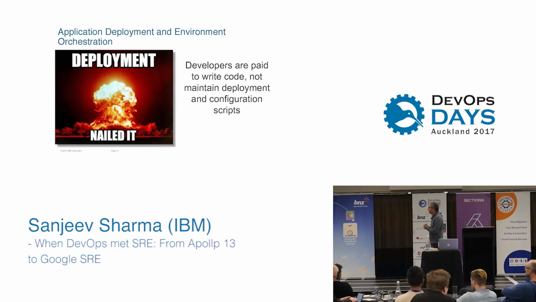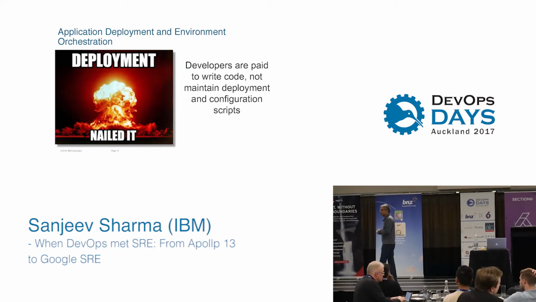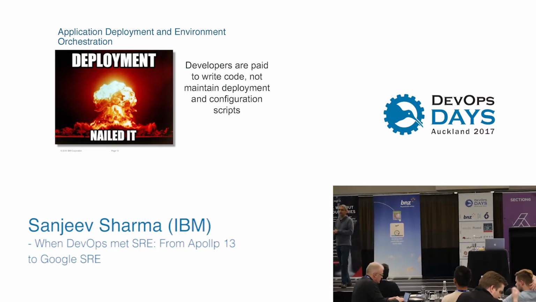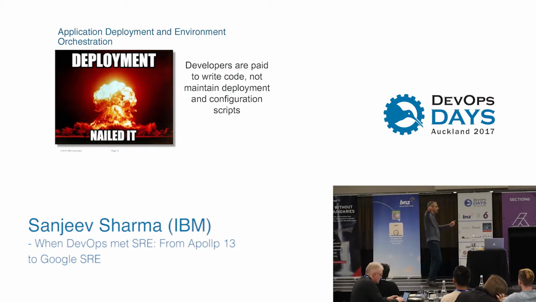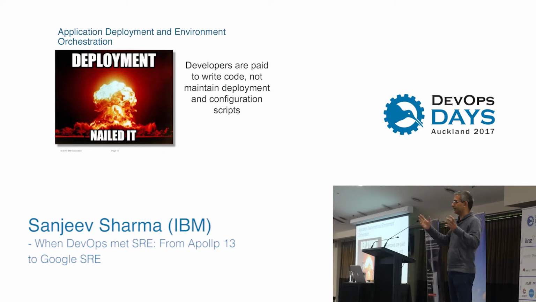Practice number 3, managing your deployment and orchestration of your application and environments. In most organizations, we see that there is an application deployment and orchestration cycle, and then there is an environment and infrastructure deployment and orchestration cycle, and they are totally disjointed. They're done by different teams that don't talk to each other. That's the problem that results in this.